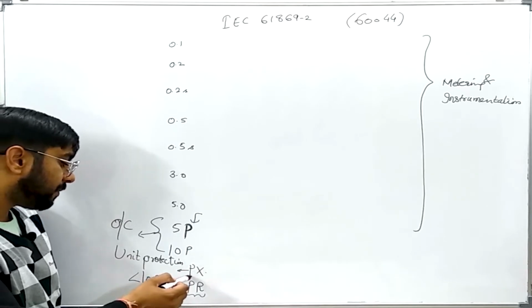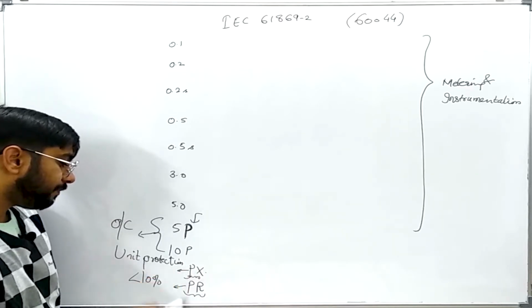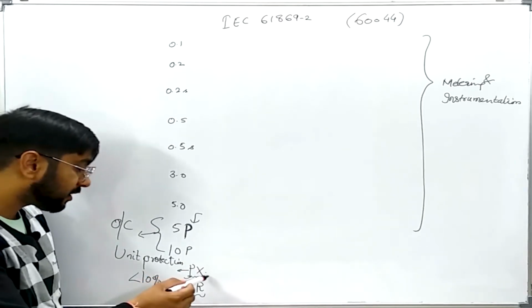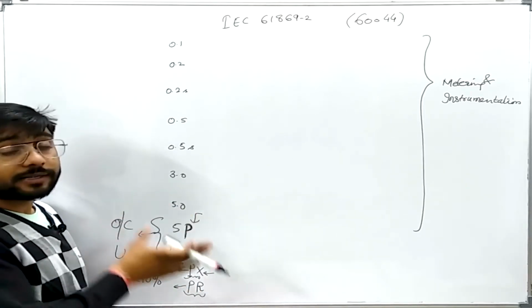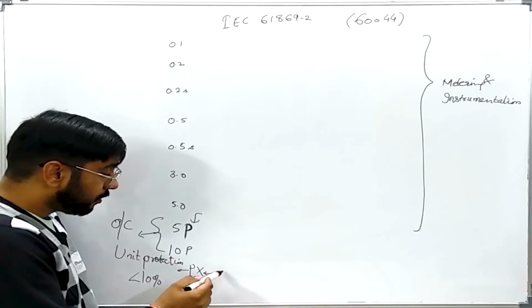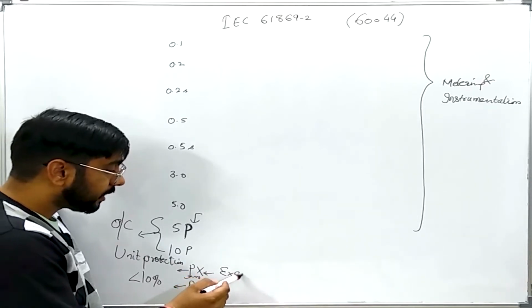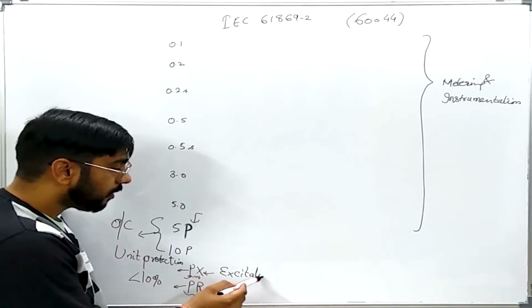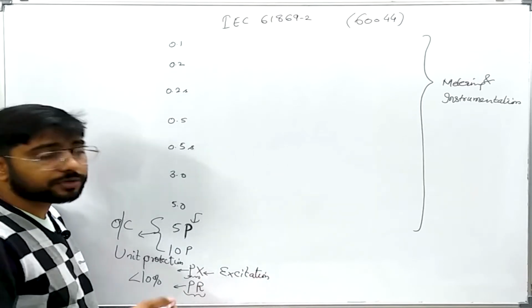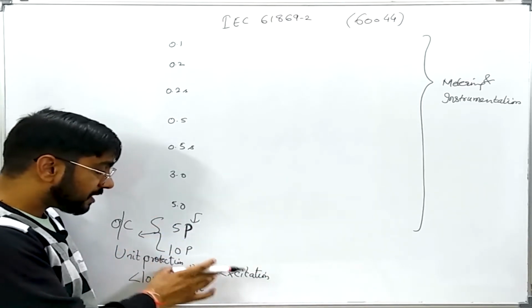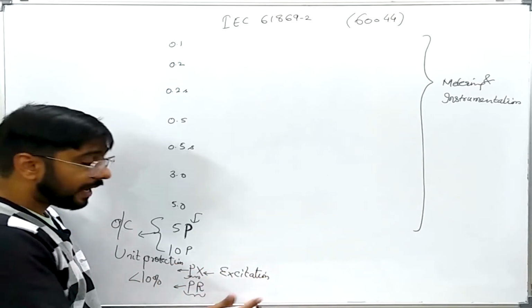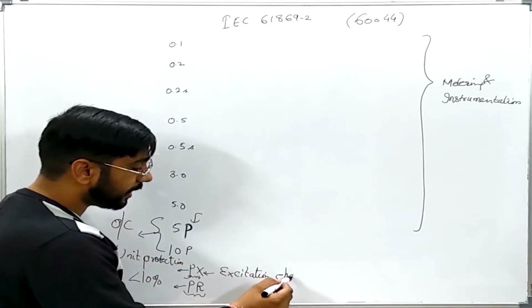This PX represents that it is used in protection only, but X means that all the characteristics of the CT will be determined using the excitation characteristics. Although excitation characteristics are used in every kind of CT, here the specification will directly come out of the excitation characteristics of the CT.